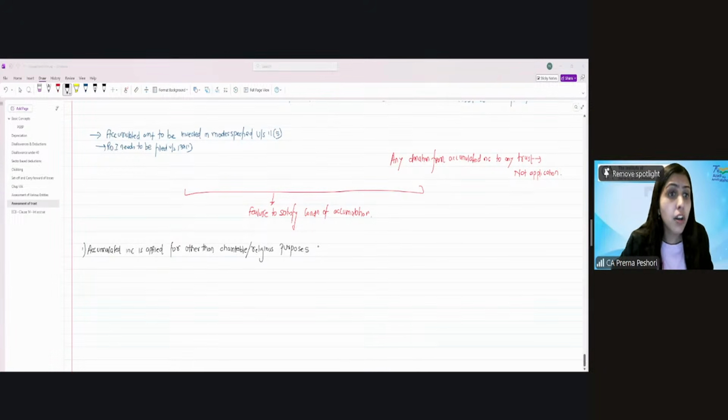Or the amount is not accumulated. You have made the application, but you have not invested the amount in 11(5).